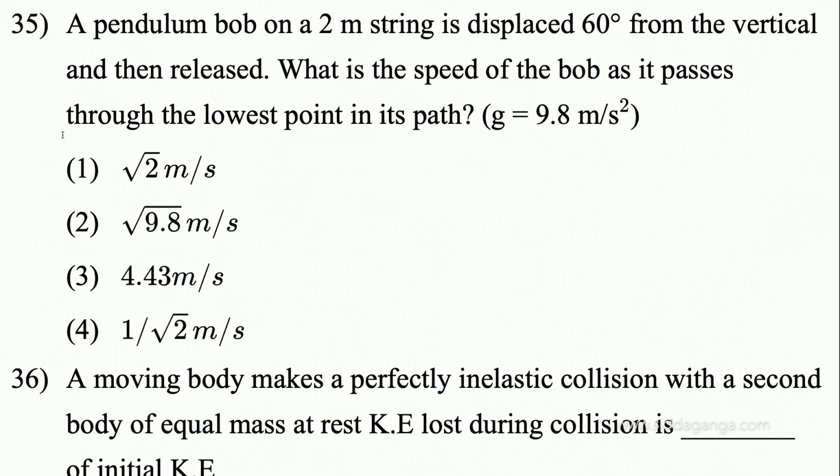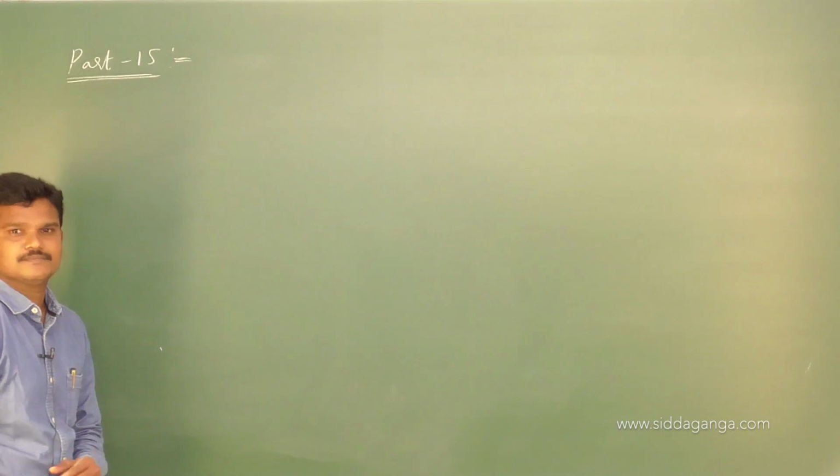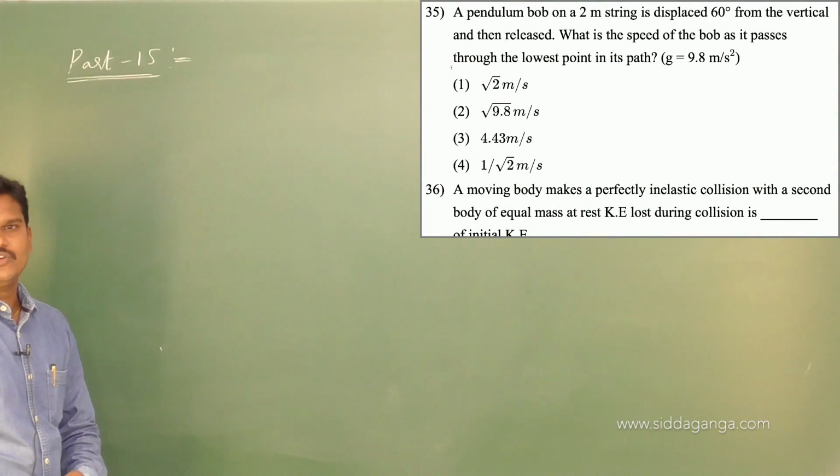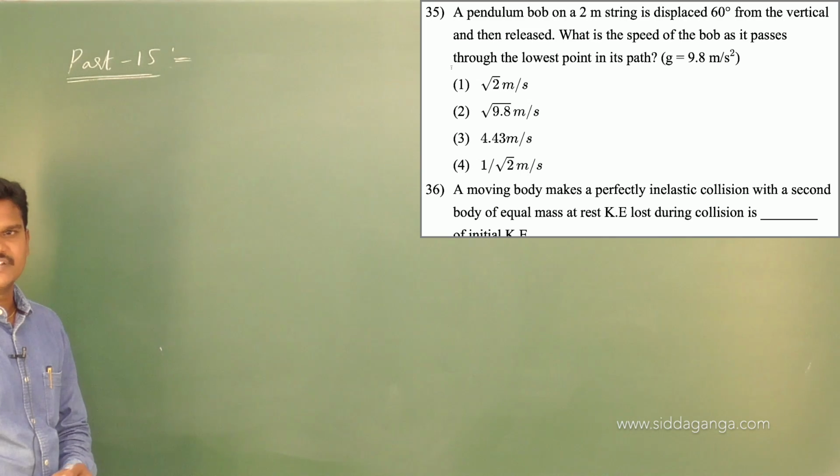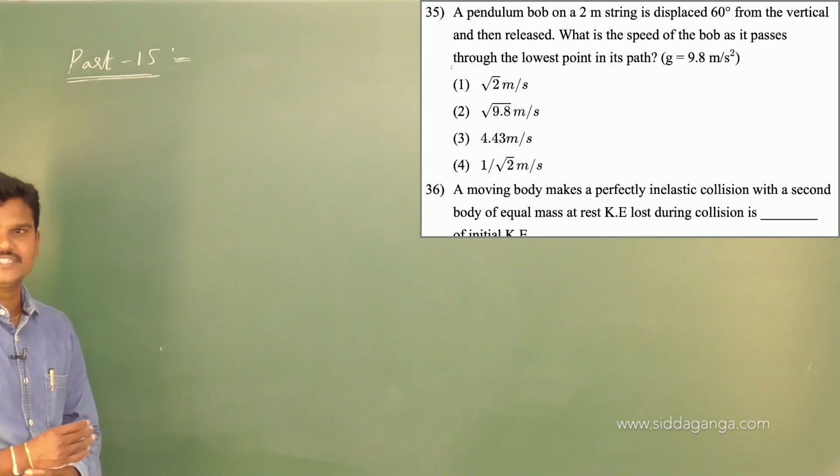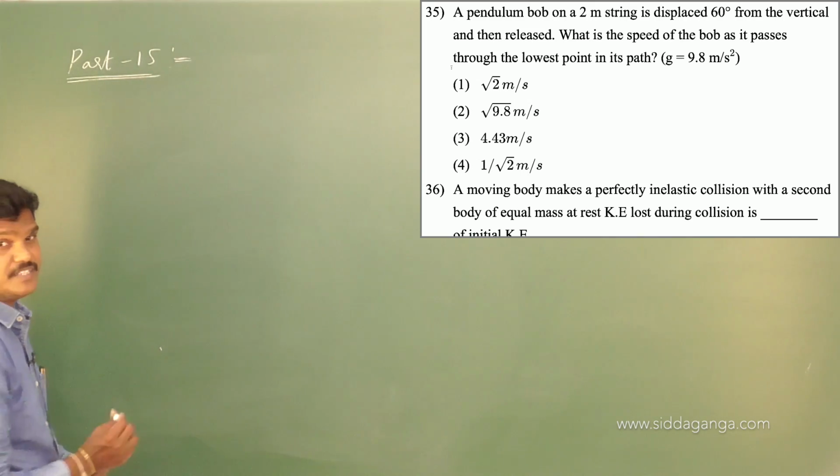A pendulum bob on a 2-meter string is displaced 60 degrees from the vertical and then released. What is the speed of the bob as it passes through the lowest point in its path? A pendulum bob on a 2-meter string is displaced 60 degrees from the vertical and then released.